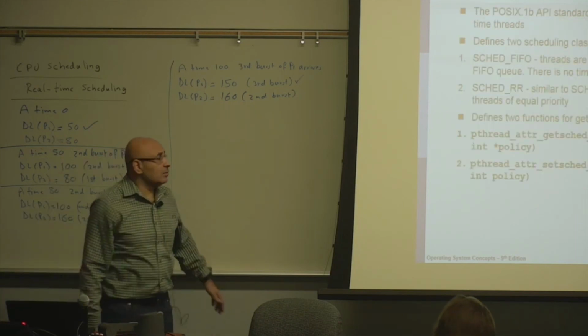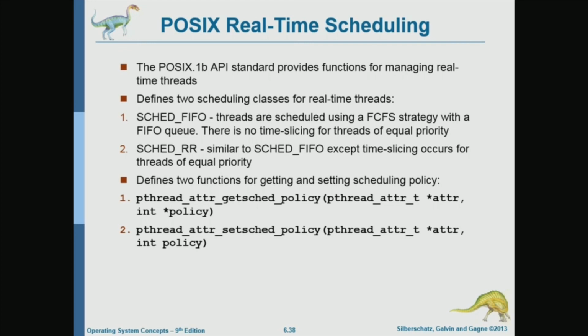Okay. So now we will look into the POSIX APIs, and we will look into one API that is related to soft real-time scheduling. Last time we talked about the attribute structure that is used in the POSIX APIs.